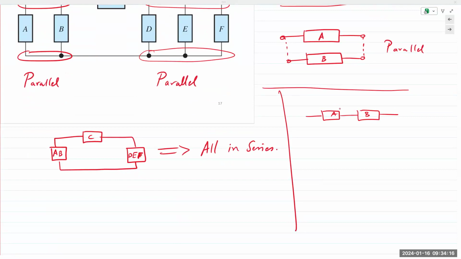However, if you now join a third or a fourth element at the same junction, then they are no longer in series. They're not in series, they're not in parallel. They're just connected together. And that's it.